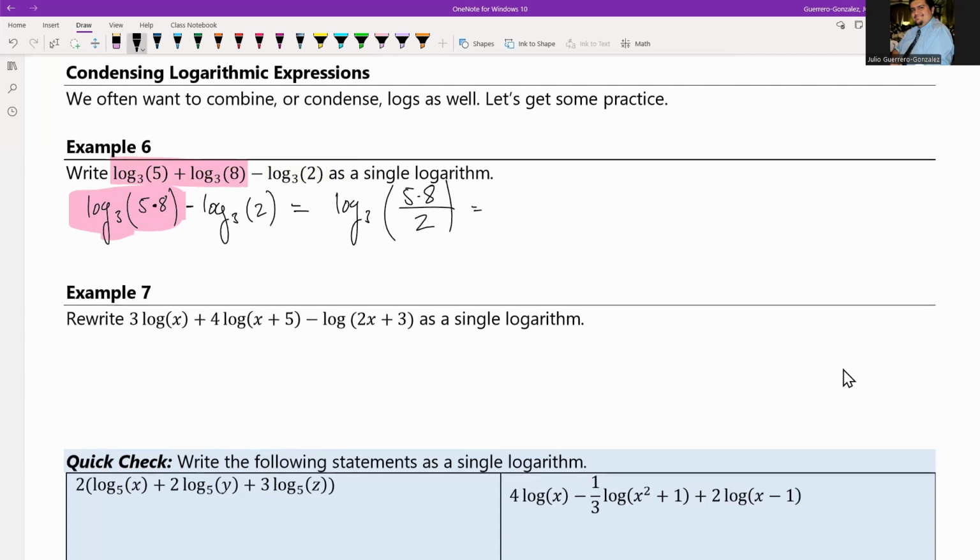Now I can do the math inside the parentheses and hopefully stuff reduces. So this is equivalent to log base 3 of 8 times 5, that's 40, divided by 2, equivalent to log base 3 of 20. We are done. One single log.